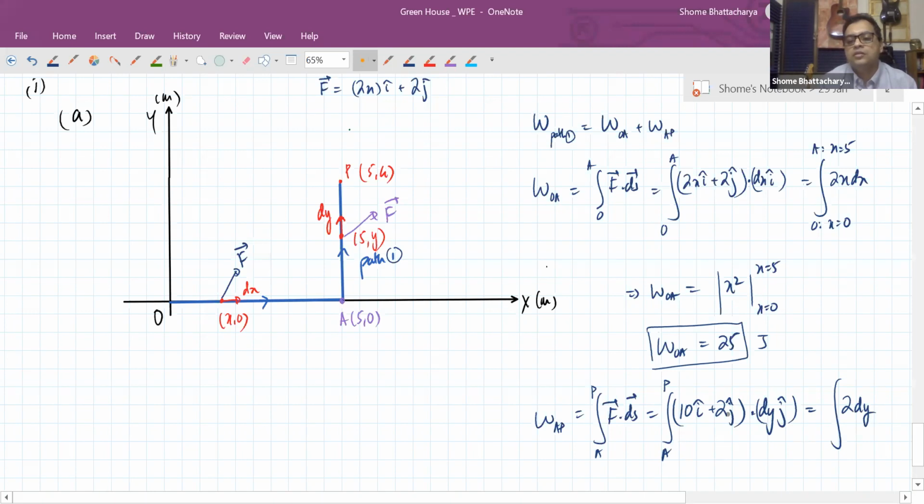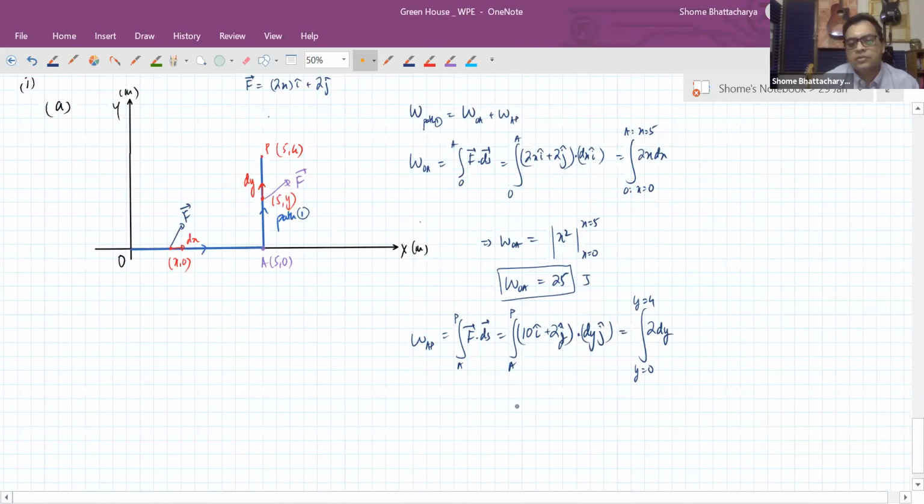Very simple, even simpler than the first one. Going from y equal to 0 to y equal to 4, this integration will become 2y from y equal to 0 to y equal to 4. So that will become 8 joules. The work done from A to P is coming out to be 8 joules.